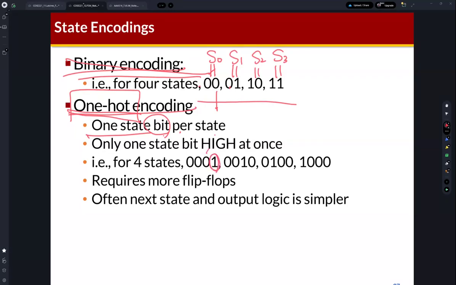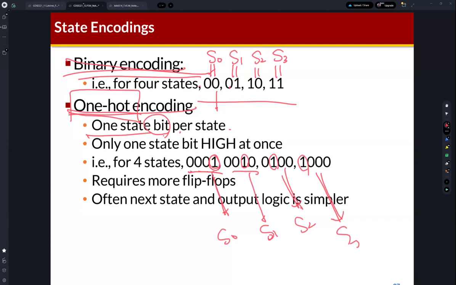The first bit represents S0, so we can represent S0 like 0001. The number of bits of one-hot encoding is equal to the number of states, and each bit represents a state. With one-hot encoding, this is S0, this is S1, this is S2, this is S3. You can find that only one bit is 1.